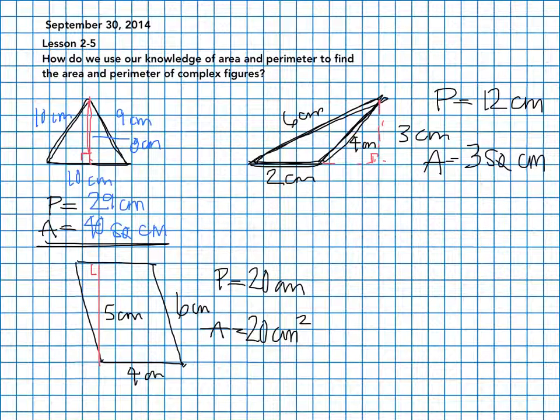Hopefully you got both of those problems correct, and we will throw one more problem at you for our review, another parallelogram which looks like this. This one is not very neatly drawn. I apologize.